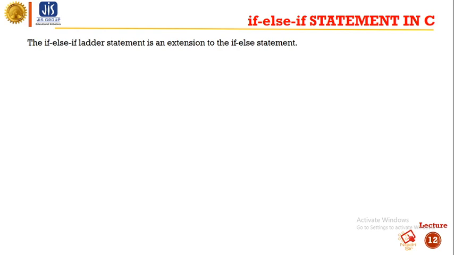If that is satisfied, then something will execute, otherwise it will go to the else part. But in this case there may be multiple conditions. One condition will be at the if and other conditions will be in the else if conditions, and there can be more than one.